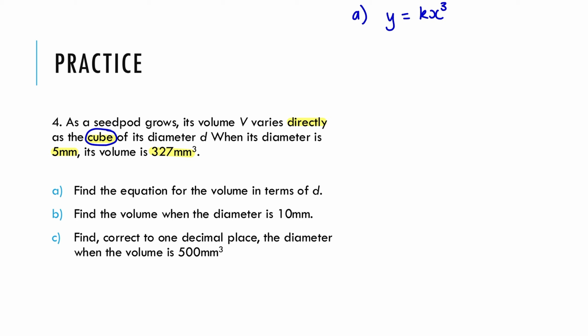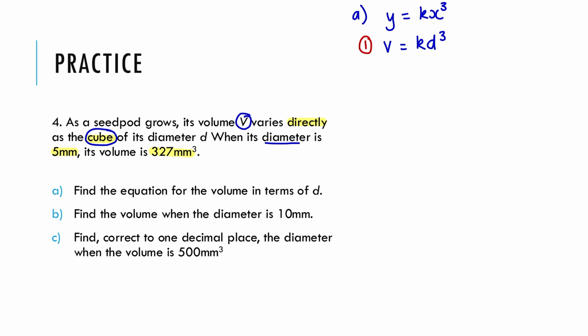Notice that the volume here is dependent on the diameter of this particular seed pod. So here my volume will be equal to K multiplied by, the letter I'm using is D cubed. And that there is our first step. So I formed some sort of equation.